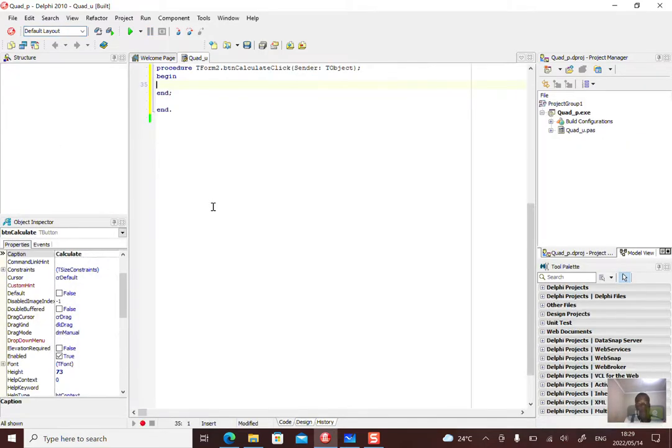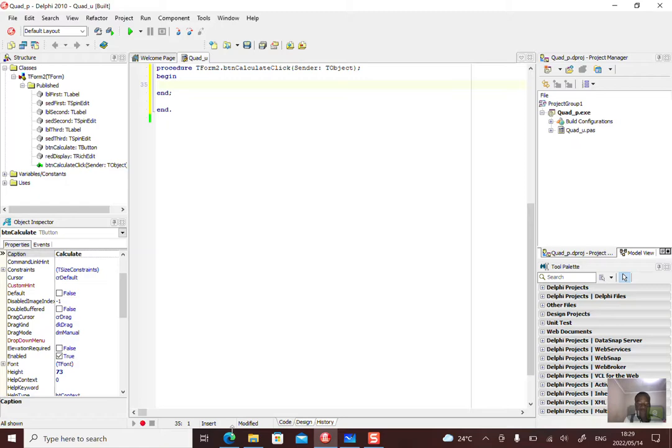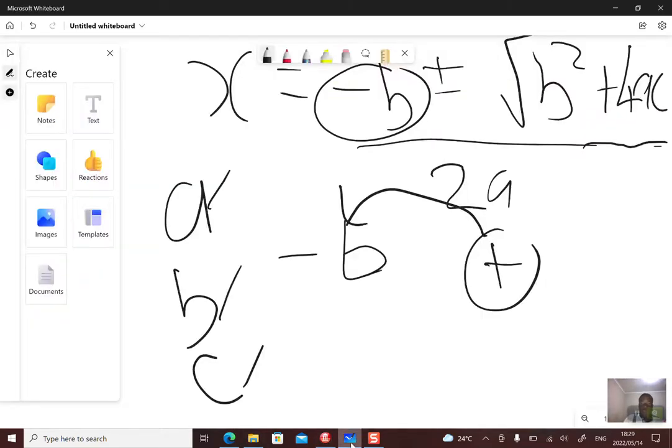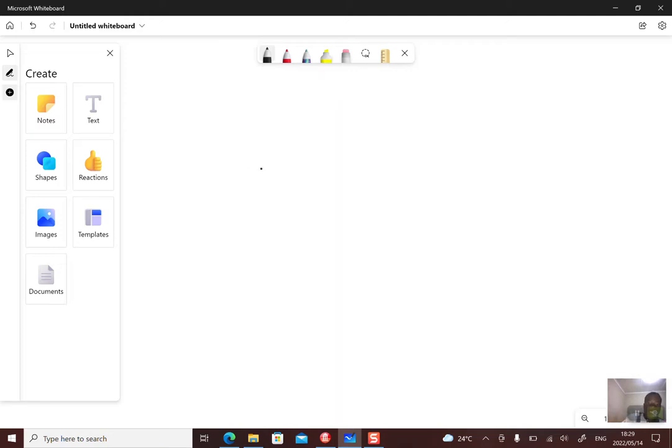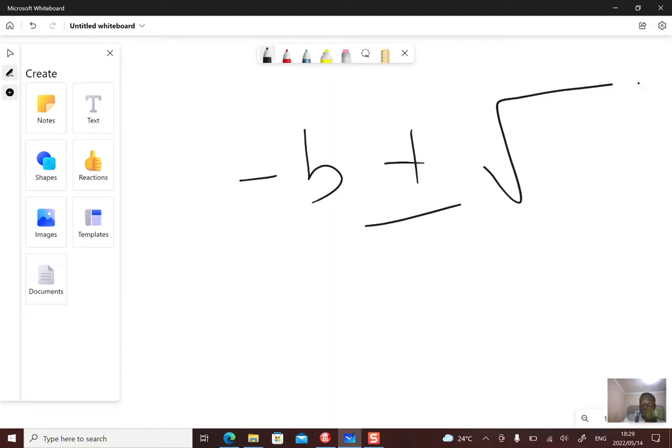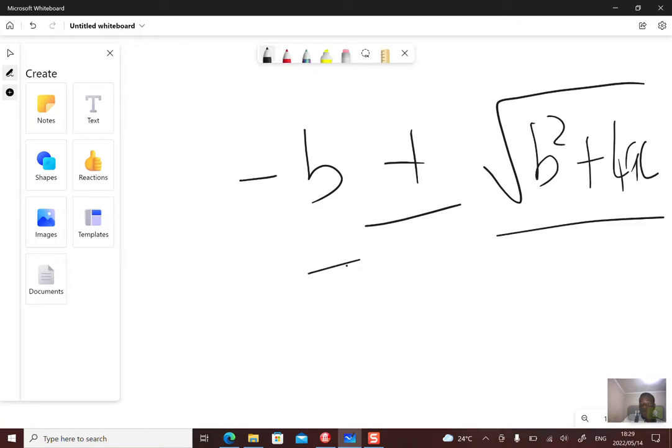So now when we're going to the code, since we know that this is supposed to be our quadratic formula. Quadratic formula is supposed to be minus b plus or minus the square root of b squared plus 4ac, all of this divided by 2a.